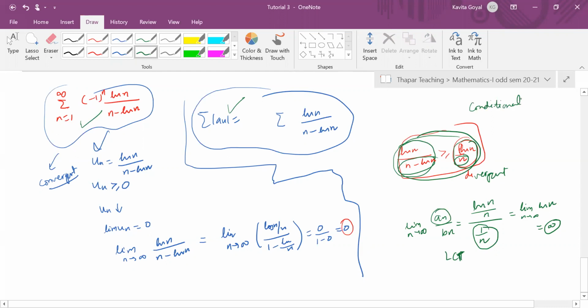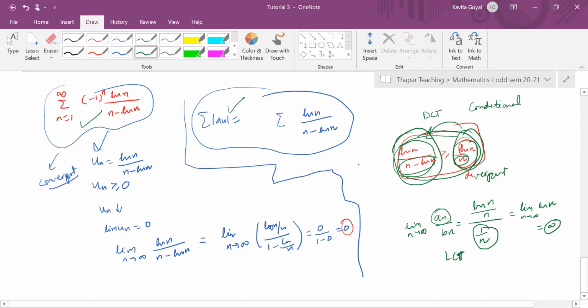Please see, if you have any doubts, ask. Ma'am, by LCT, ln n upon n is divergent, and hence by DCT this is divergent.